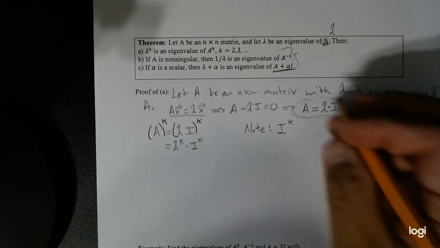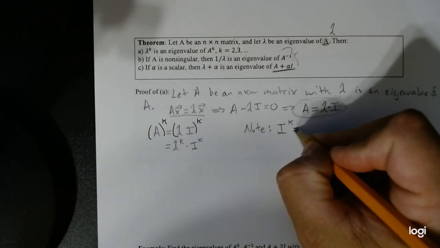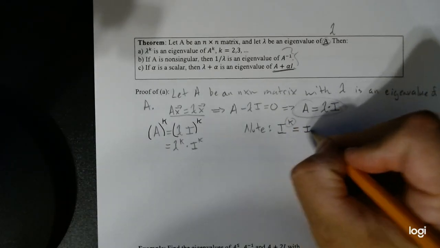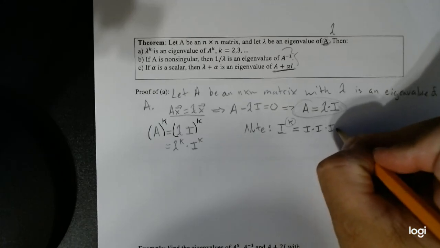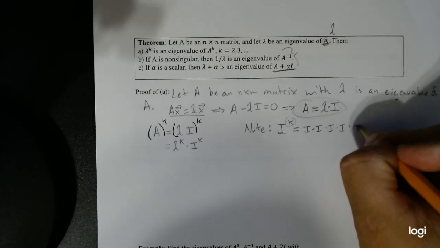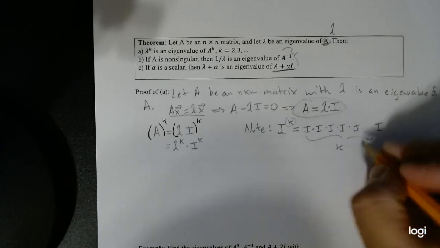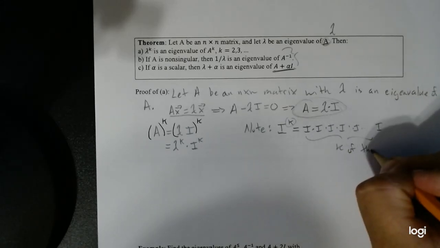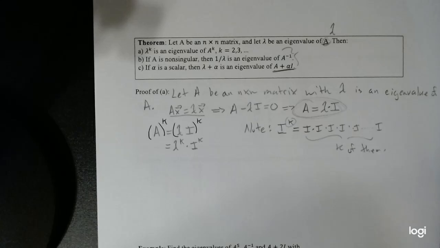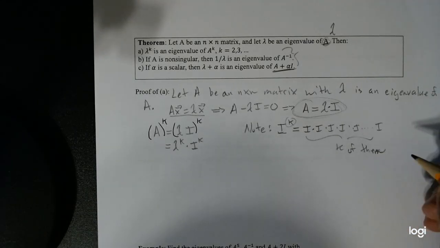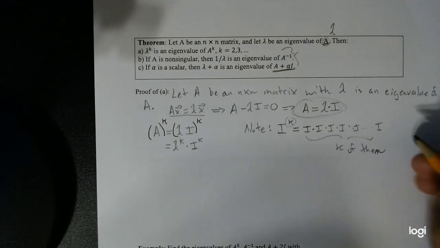Now remember, this is exactly just like exponents, right? This is I times I times I times I times I all the way, and we have k of them.